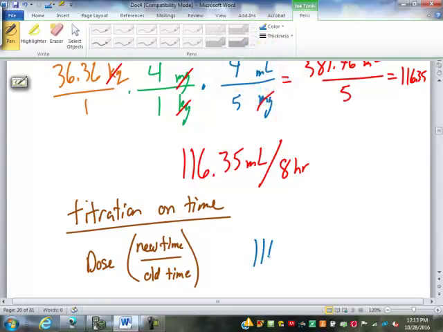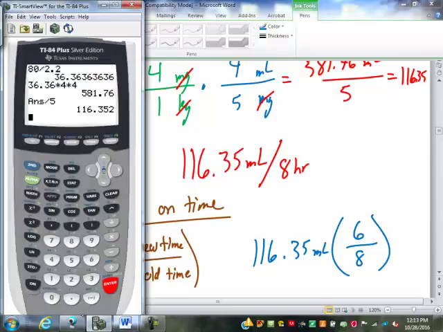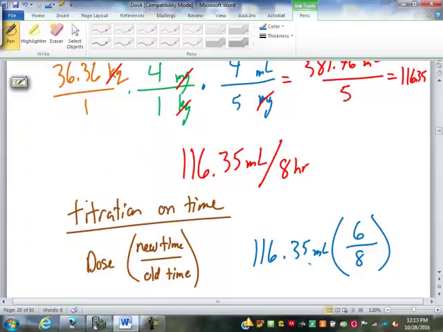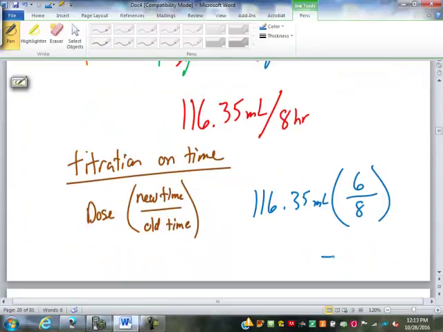So this was 116.35 milliliters. 8 hours on bottom, 6 hours on top. So 116.35 times 6 divided by 8 is 87.26, we're going to call it. That is now milliliters per 6 hours.